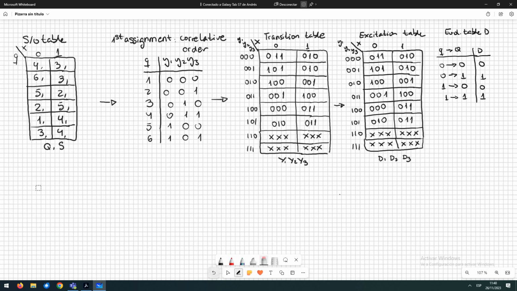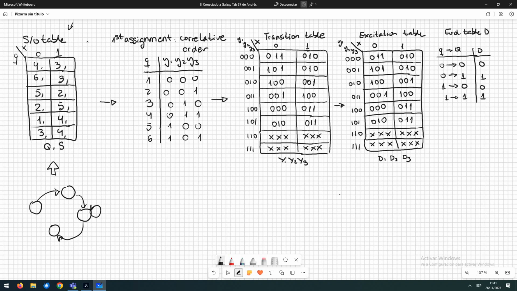You know that the first step is to obtain the state diagram from the specification of the exercise, etc., and the arcs with the transitions. And once we have this, the next step is to obtain the state output table. So we are going to start in this step.